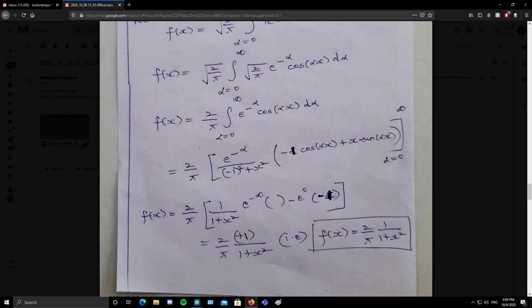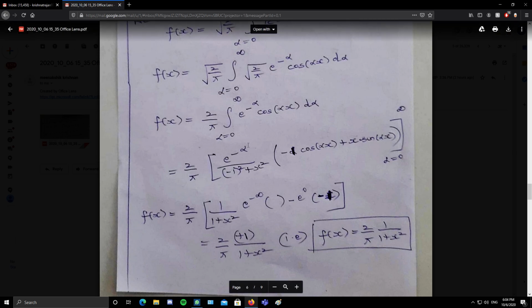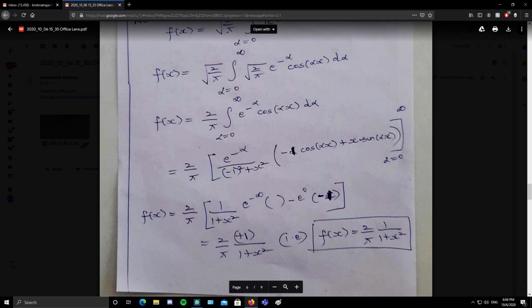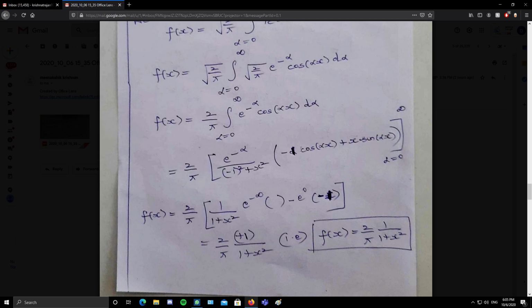So e power minus alpha by a square, that is minus 1 whole square, plus b square, that is x square, into a cos bx, so minus 1 cos alpha x, plus b sin bx, that is x into sin alpha x. Alpha varies from 0 to infinity. When alpha takes the upper limit, e power minus infinity is 0, so whatever the bracket term is, the upper limit gives 0.